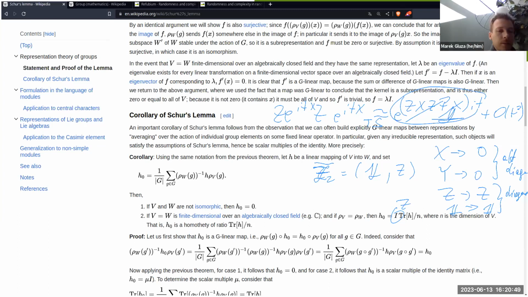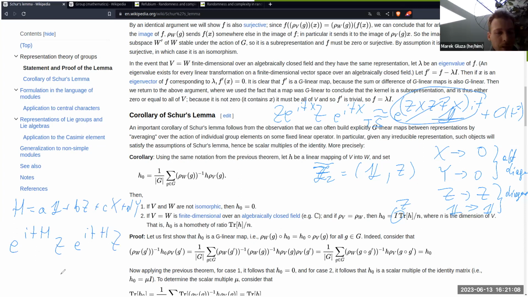So now what I still want to discuss is if I have H, which is A identity plus BZ plus CX plus DY. If I do e^{itH}, Z, e^{itH}, Z, okay, I will get e^{it(A identity plus BZ minus CX minus DY)}.